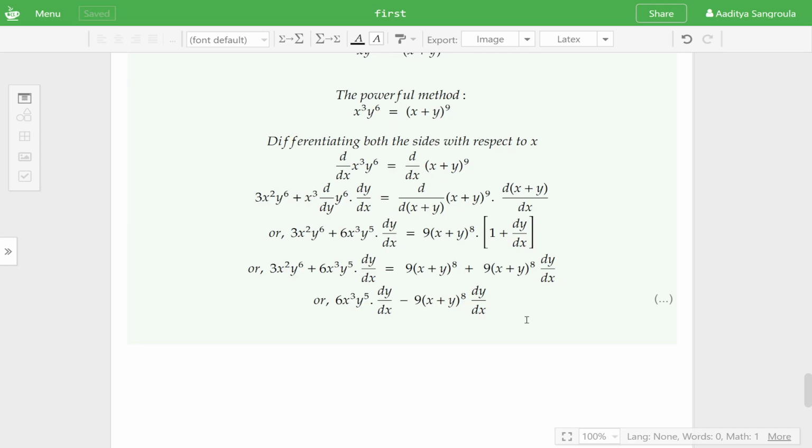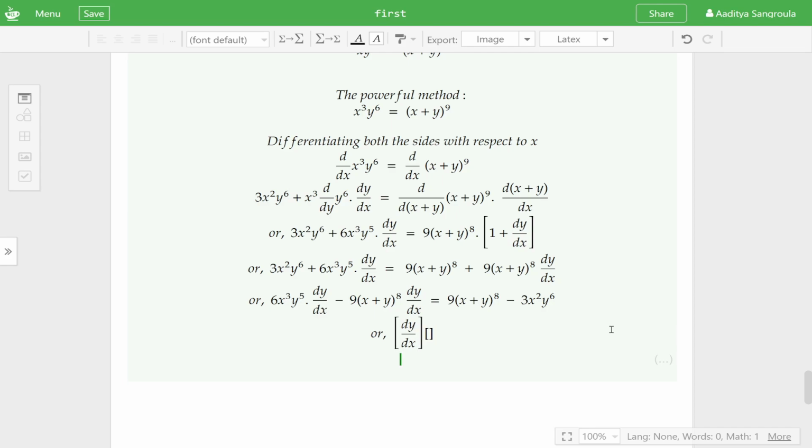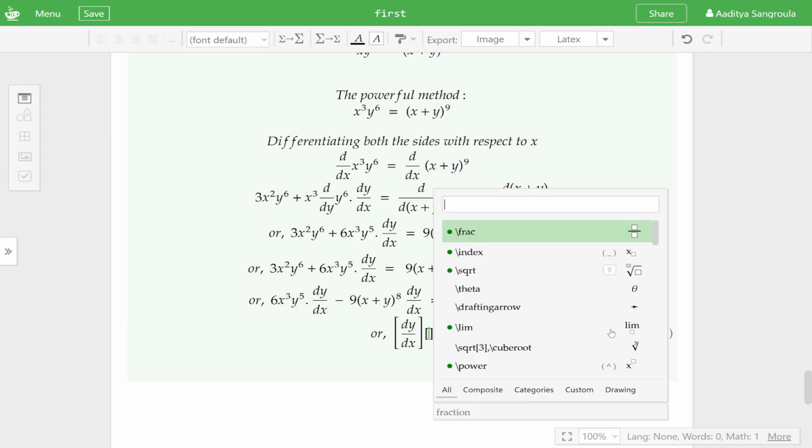this equals this minus this, right? And now if we take dy over dx as a common factor, we are left with, let's see what we are left with.